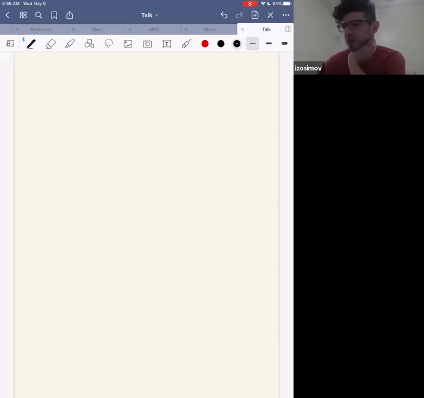Okay, so let me explain where this commuting operator is coming from, and on the way I'll also explain the integrability of the pentagram map. My approach to that is slightly different from what was known before.